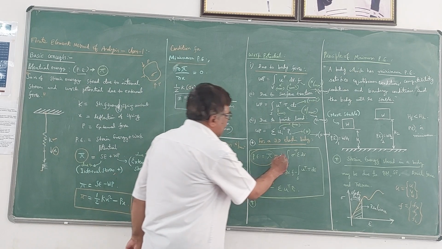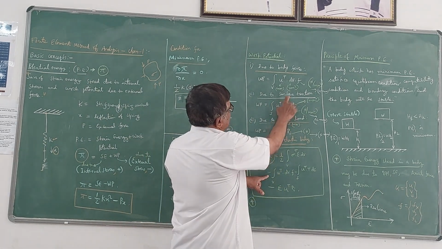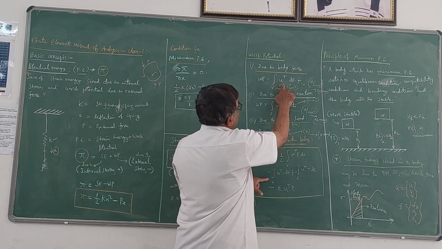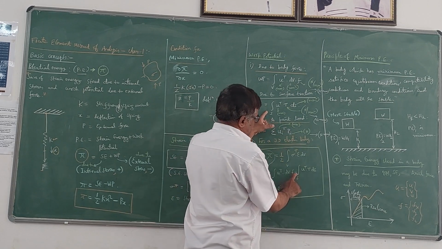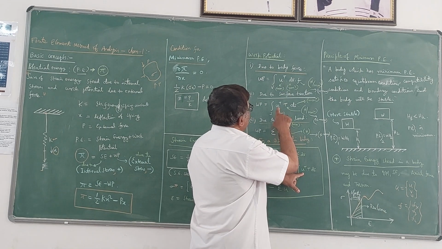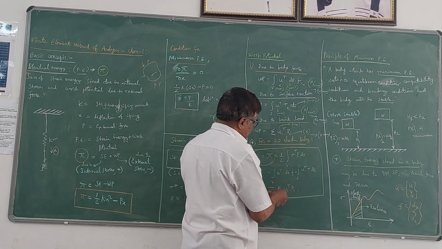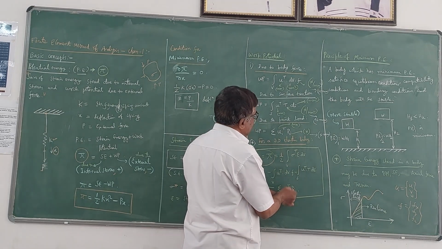So first is due to body force: minus integral over V of U transpose dV into F. Then due to surface traction force: minus integral over S of U transpose into T dS. Then minus summation due to point load, UI transpose into PI.